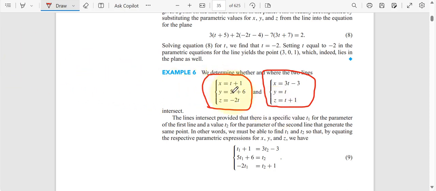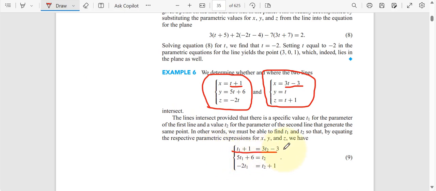So we'll say there's a t1 here that gives us x, y, and z, and there's a t2 here that gives us the same x, y, and z. So if we're getting the same x, y, and z, then when we put the t1 into here, we're going to get the same thing as when we put the t2 into here. So that's what they have here, and the same thing for the y, and the same thing for the z coordinate.